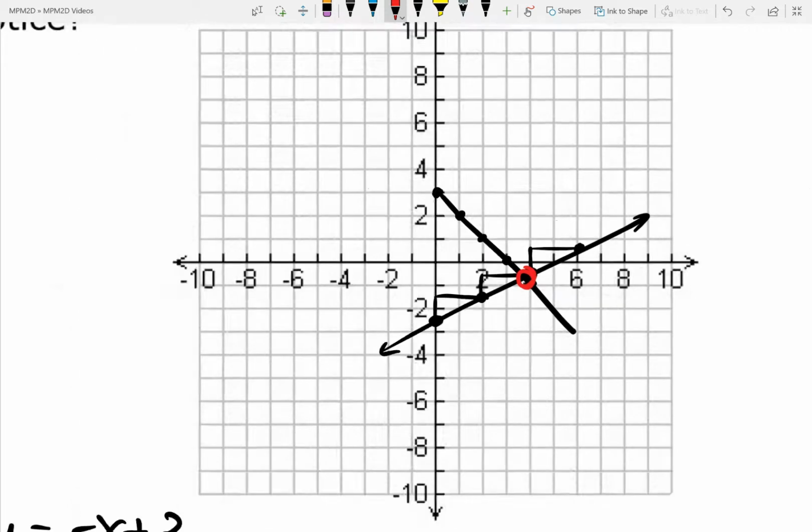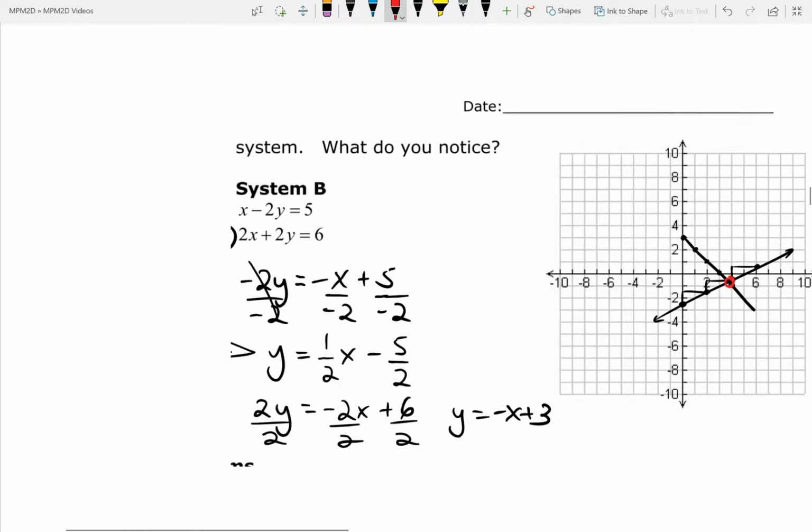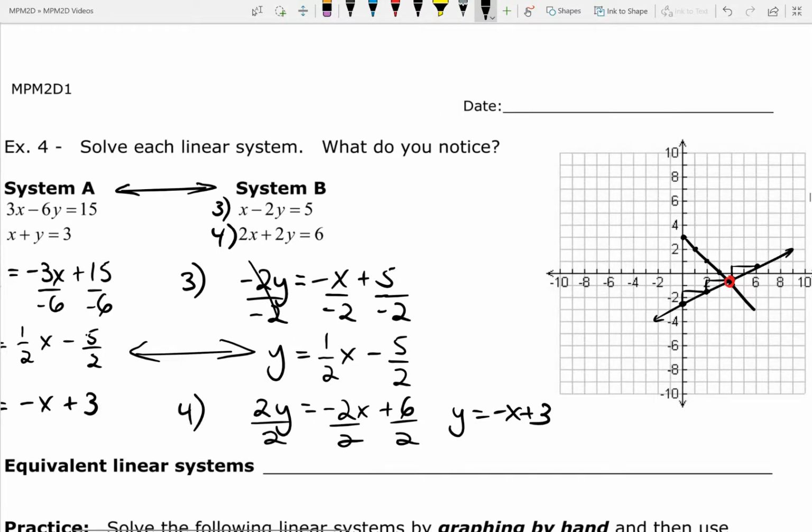Okay, so what I'm going to say here is that we have two systems, A and B. If these are equivalent systems, what does that mean? Well, if they are equivalent systems, then they will have the same solution, or same point of intersection.